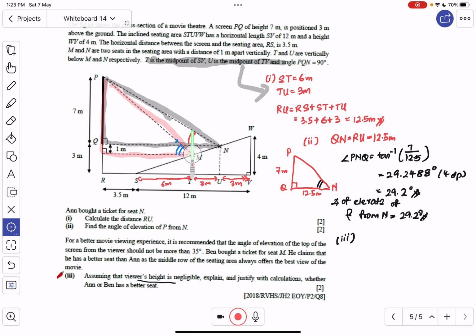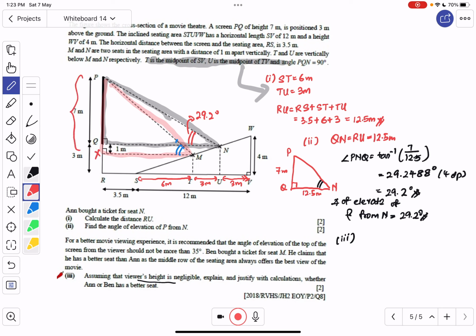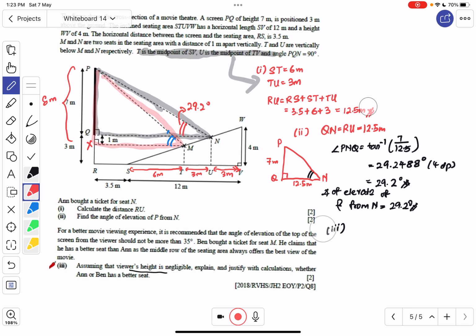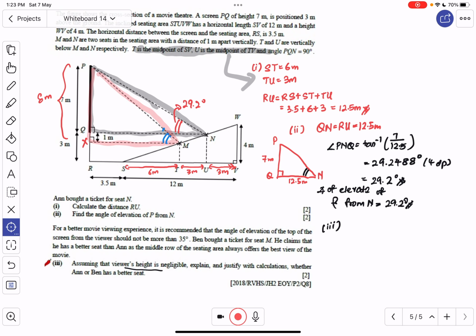We have found the red angle earlier on, which is PNQ, approximately 29.2 degrees. Let's look at the red triangle. Let's call this point X. PX is none other than 8 meters, whereas XM would be RS plus SM, which is 3.5 plus 6.